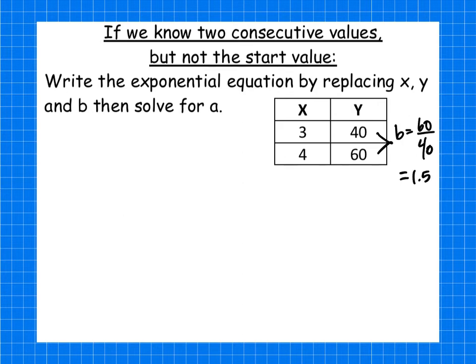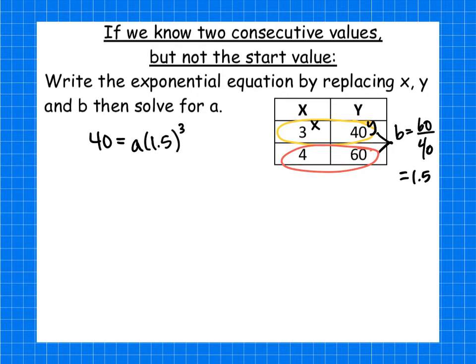And then I can pick any pair. I can either use this for my x and y, or I can use this for my x and y. It really doesn't matter. I'm going to go ahead and use the 3 and the 40. So 3 is x, 40 is y. Plug everything in that I know. 40 equals, I don't know the starting point. My multiplier is 1.5, and then my x is 3.